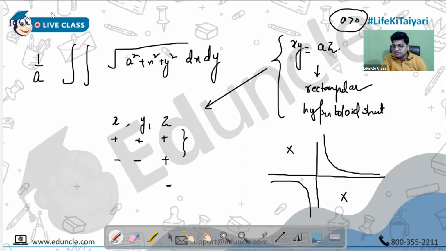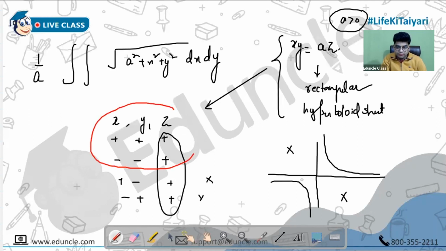The second and this quadrant we don't have, because if you take positive z, and one positive, one negative, just understand this one. Positive, negative, not possible. Negative, positive, not possible, because we are taking positive. So we have only these possibilities. So this is called a rectangular hyperboloid sheet.